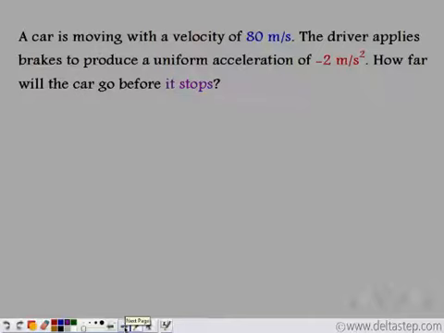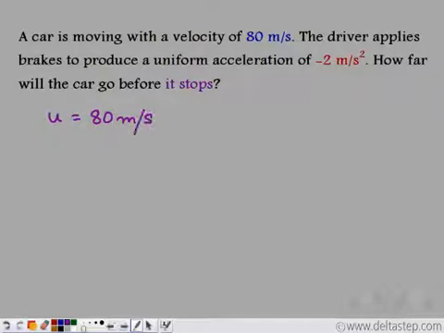So let us solve a numerical. A car is moving with a velocity of 80 meters per second. The driver applies brakes to produce a uniform acceleration of minus 2 meters per second square. How far will the car go before it stops? So first, what information do we have? A car is moving with a velocity of 80 meters per second. This means that the initial velocity is 80 meters per second.